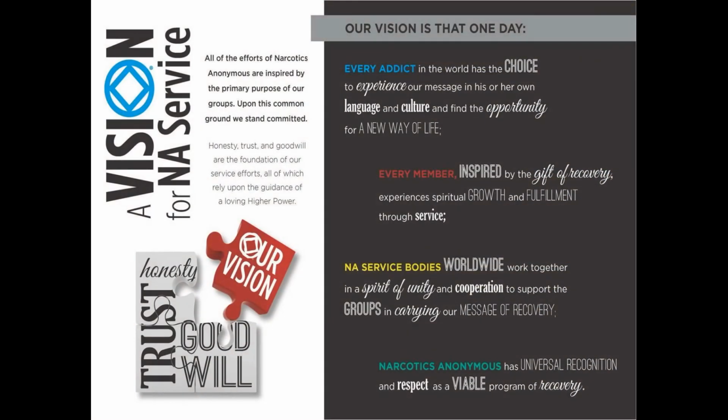And then 6 and 7. 6 and 7 are a little more elusive, but step 6 says we were entirely ready to have God remove all these defects of character. So notice it doesn't say anywhere that we are now perfectly pure.